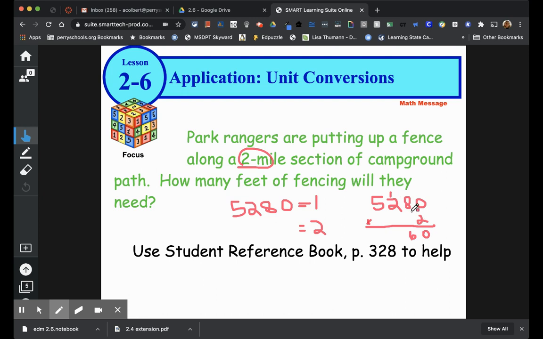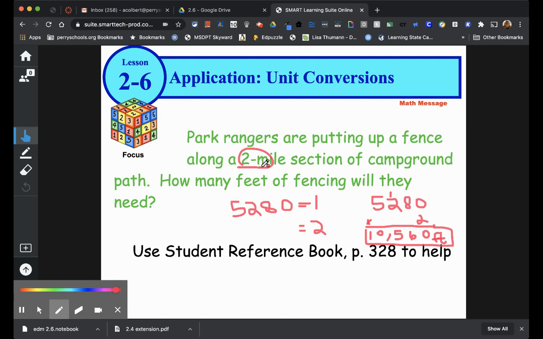So 2 times 2 is 4, plus that 1, we can put a 5 here, and then 2 times 5 is 10, which would give us 10,560, and I want to label that, so feet, okay?